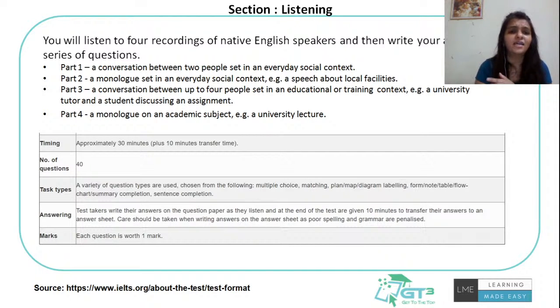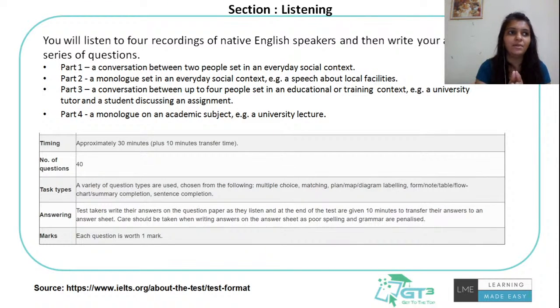And again, when you move to part 2 and part 3, there'll be 3-person conversations or up to 4-person conversations. 2 persons are speaking and simultaneously you have to give the answers. But what is the advantage in this? Before you start your test, a few minutes are given to you to look at certain questions.